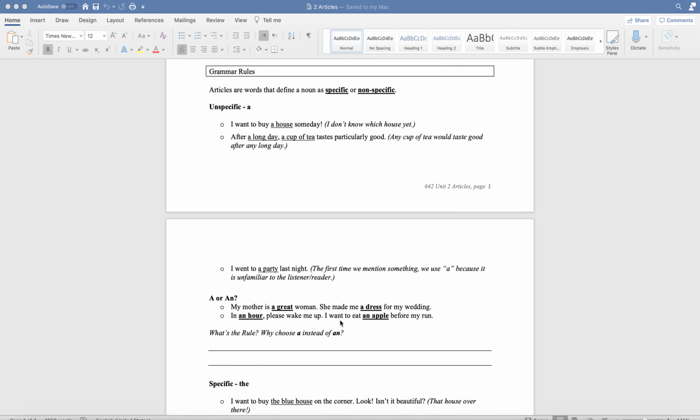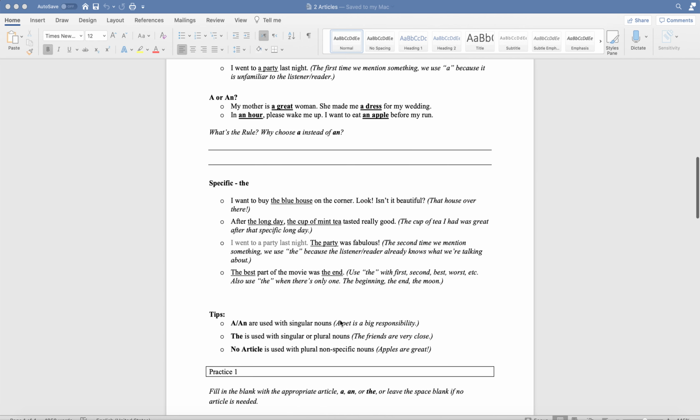I went to a party last night. The first time we mention something, we use a because it's unfamiliar to the listener. So these are the rules for a or an. And again, an is used for vowels, whereas a is used with non-vowels.